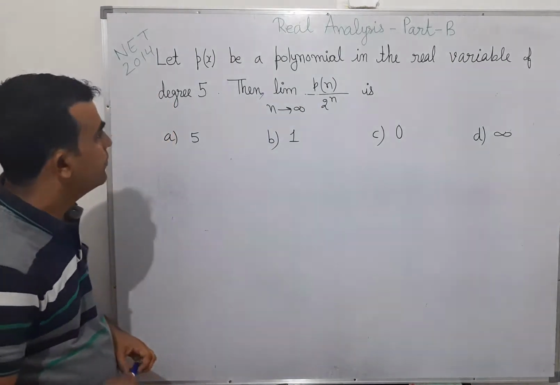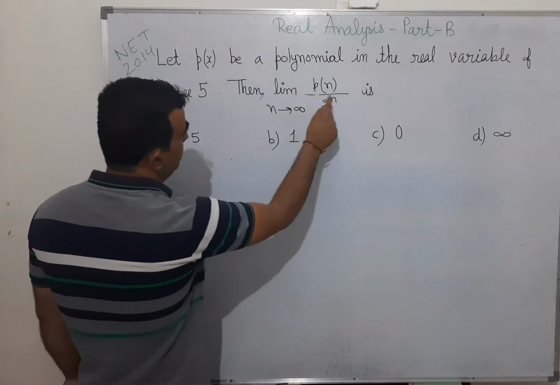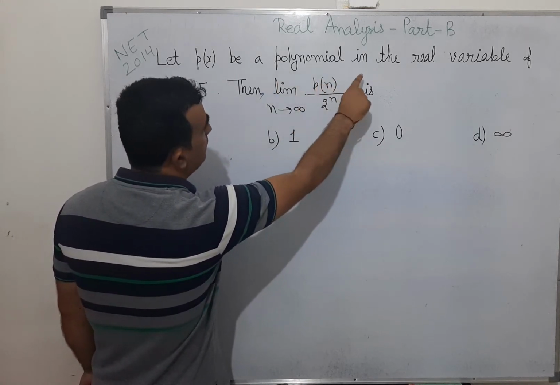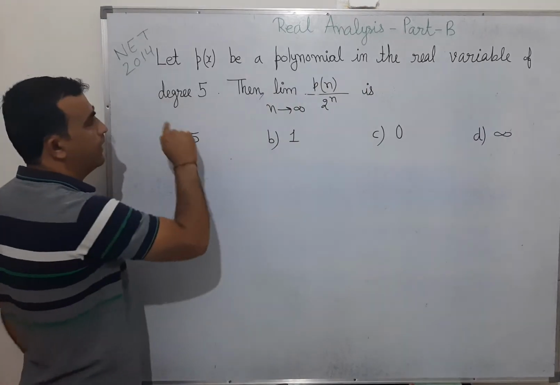Let's solve the question. First, what is p of n? p of n is a polynomial in real variable of degree 5.